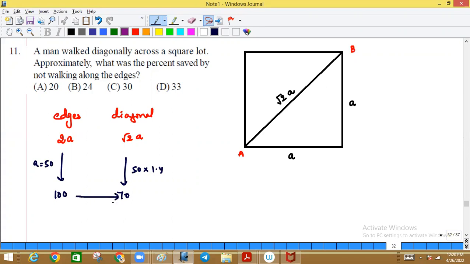So if you walk along the edges, you travel 100. When you walk along the diagonal, you're traveling 70. So what percent saved? Percentage saved is 30%. If it is in meters, it is meters, centimeters, centimeters, kilometers, kilometers, right?